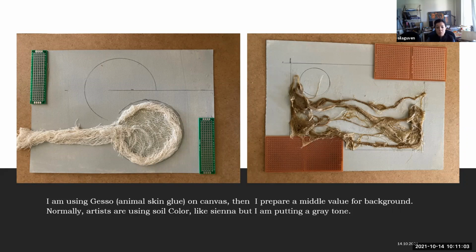After I put a background color, then I make small sketches of my composition. After my composition, I look at how I can place linen ropes or other tissues, cotton. This is cotton, or the electrical, I forgot what to call them. Electrical stuff. So I put them on with transparent glue and I begin to paint on them.